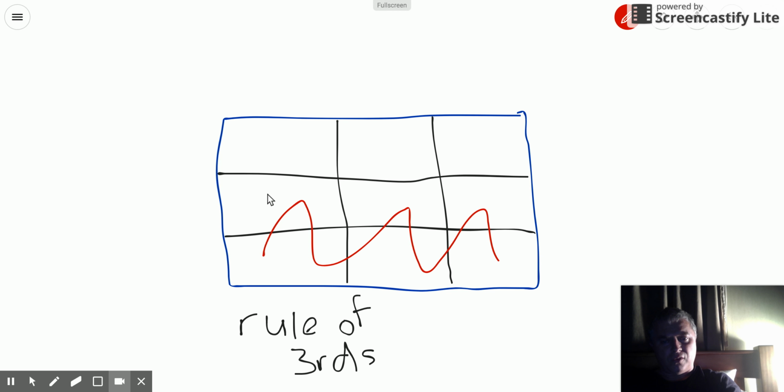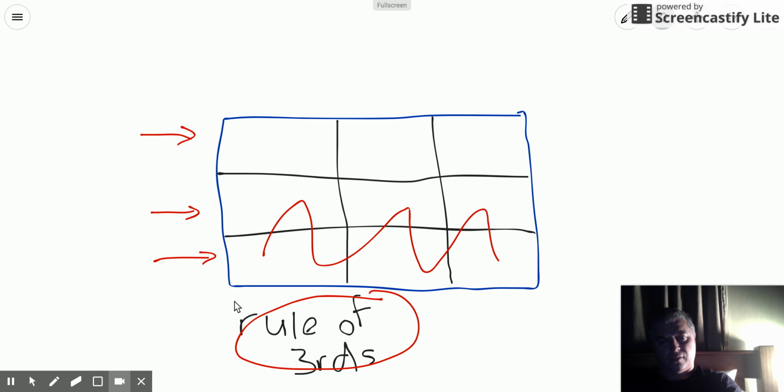So two of the rows are filled in and drawn in, and one of the rows is not. So that row there is different to this row and this row. And that is, again, rule of thirds. So hopefully you sort of get that.